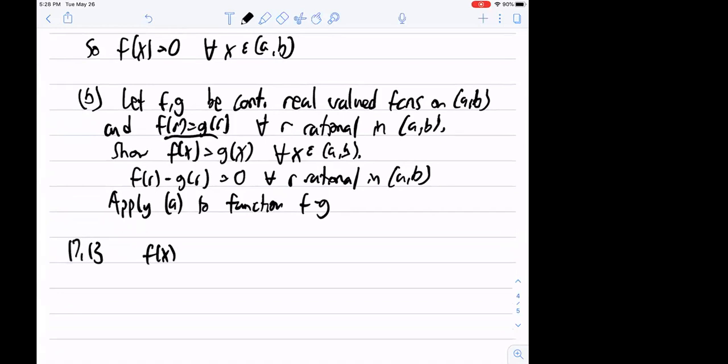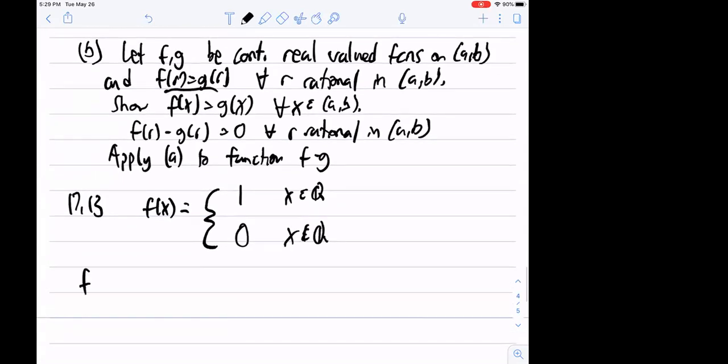17.13. Okay, let's do more epsilon delta proofs. F of X is 1 if X is in Q, and 0 if X is not in Q. This function is really bad. Show F is not continuous for all X in R. So this function is discontinuous everywhere.